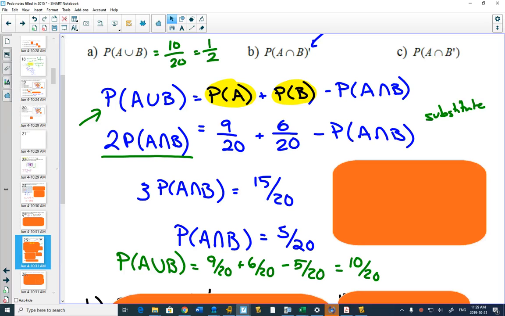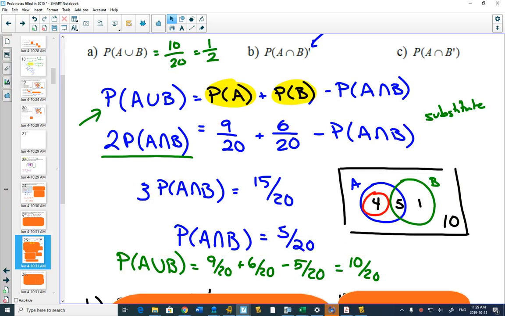We now have enough information that we could represent this as a Venn diagram. Everything's out of 20, so you imagine having 20 people. Event A is people who like albatrosses. Event B is people who like baboons. 5 people like both albatrosses and baboons.